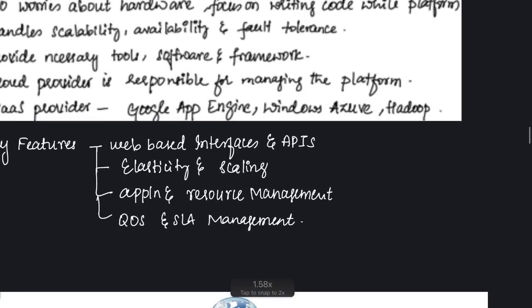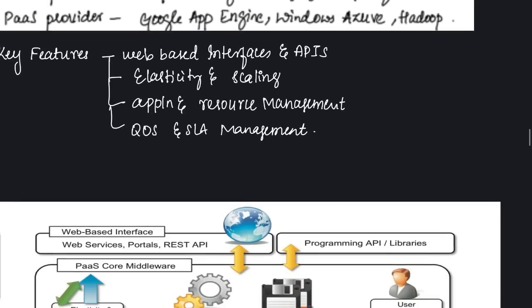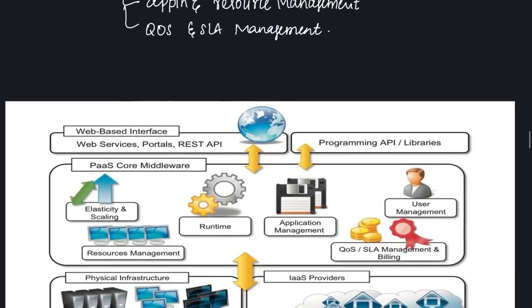Looking at the key features, the first one is web-based interfaces and APIs. Developers can make use of web-based APIs and interfaces, like web services, portals, and REST APIs. All these things could be used. Then we have elasticity and scaling. The platform can adjust automatically. If there is high demand, it has to be fault tolerant or load tolerant.